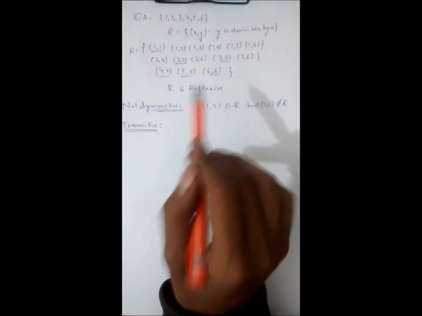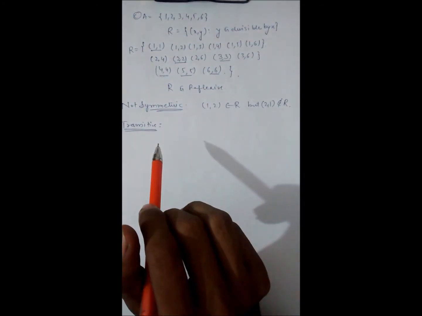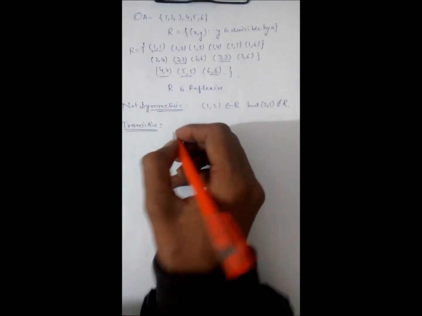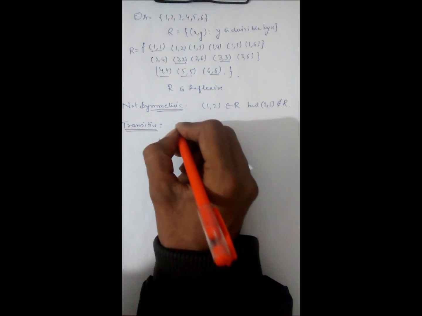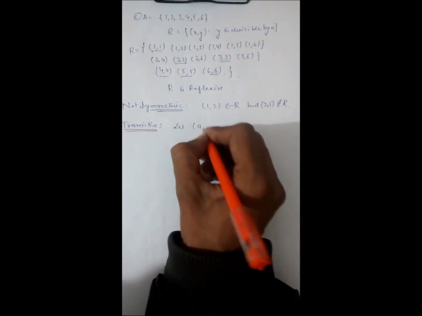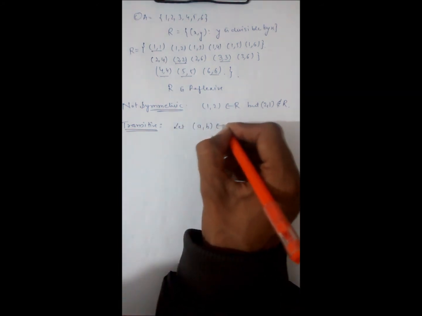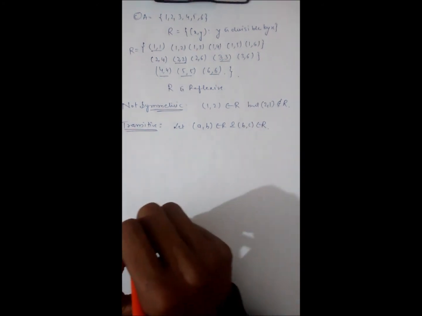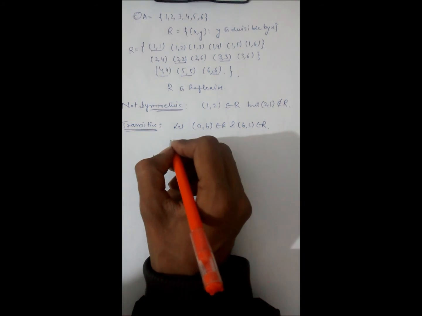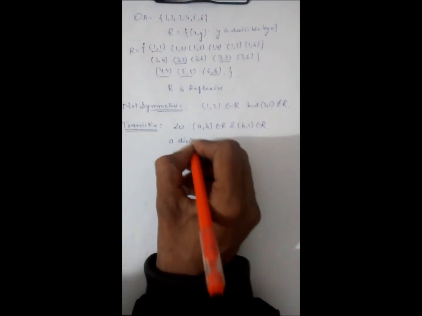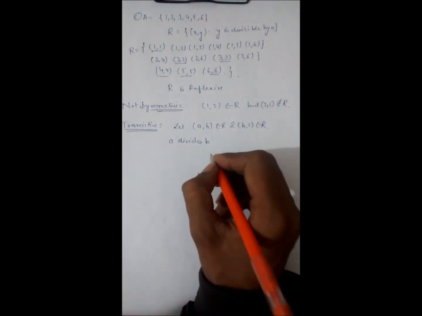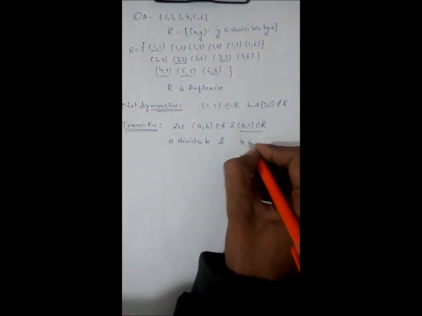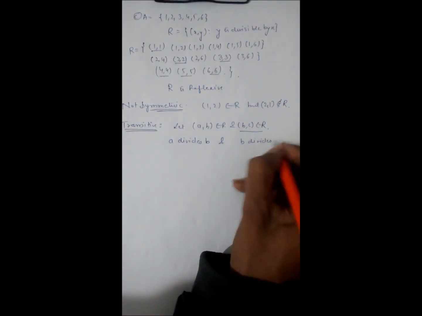I cannot check all these numbers one by one, so we will use the general pattern. Condition: let A,B belong to R and B,C belong to R. The condition to be in R is what? That A divides B and B divides C.